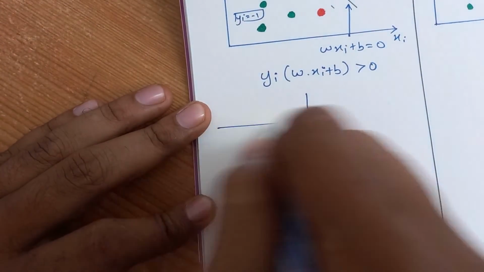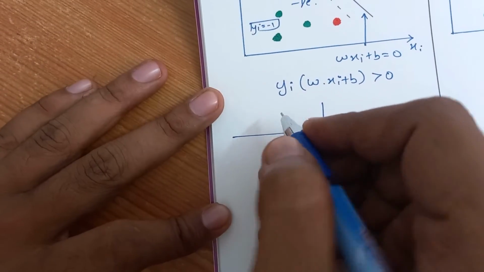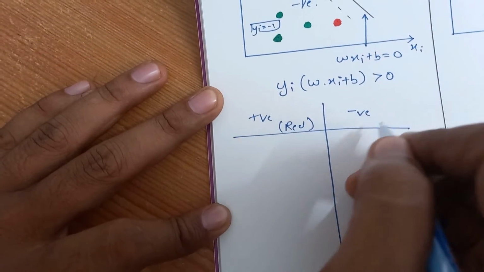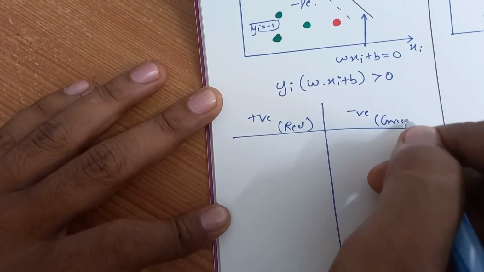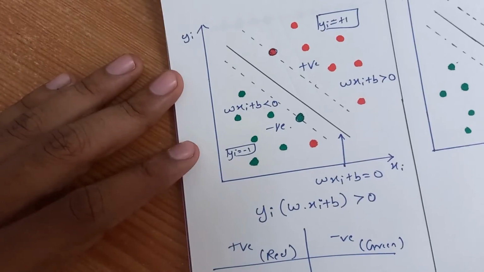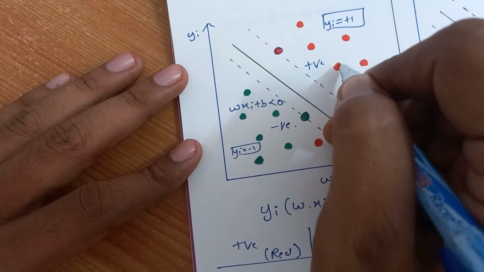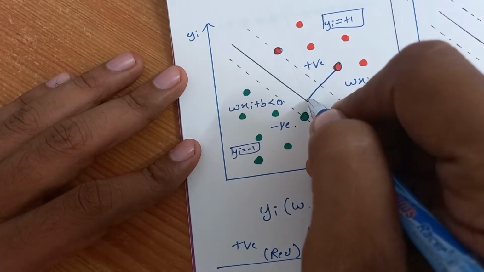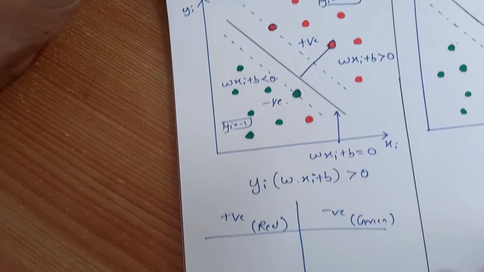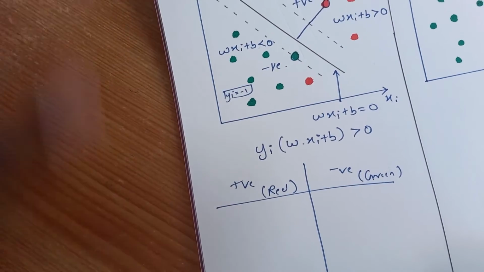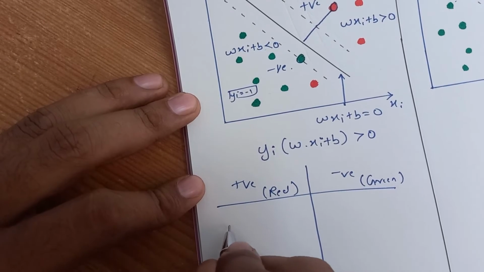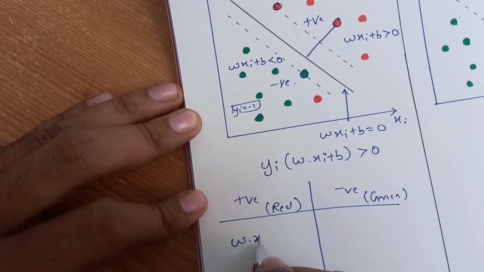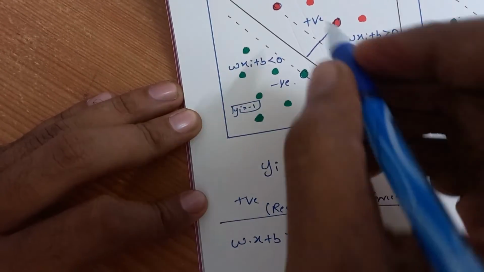Try to understand this. We'll do it for both the sides. Let's take the positive side first. Positive red side, and there is one more side, the negative green side. So I'll pick a point randomly here, suppose this particular point, positive side. The distance can get calculated like this to the hyperplane, and by looking at it one can easily understand the distance is positive, so we can say w dot x plus b is greater than 0 for this particular point.